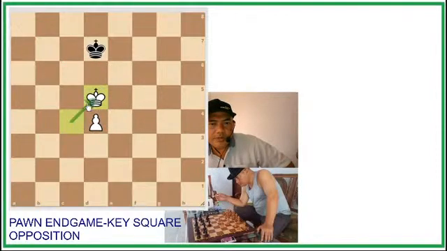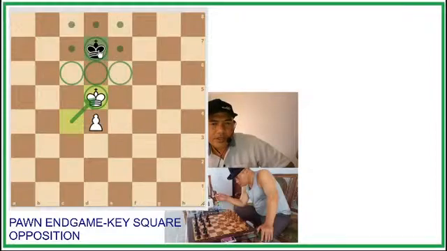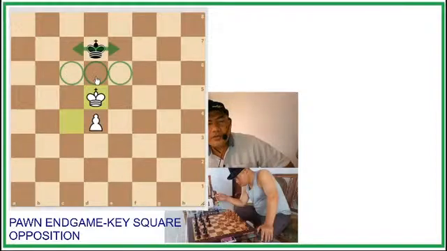So when white moves to d5, then black is put in zugzwang because he has to move. When he moves to the left or the right, he will leave one of his squares to be occupied by the white king.